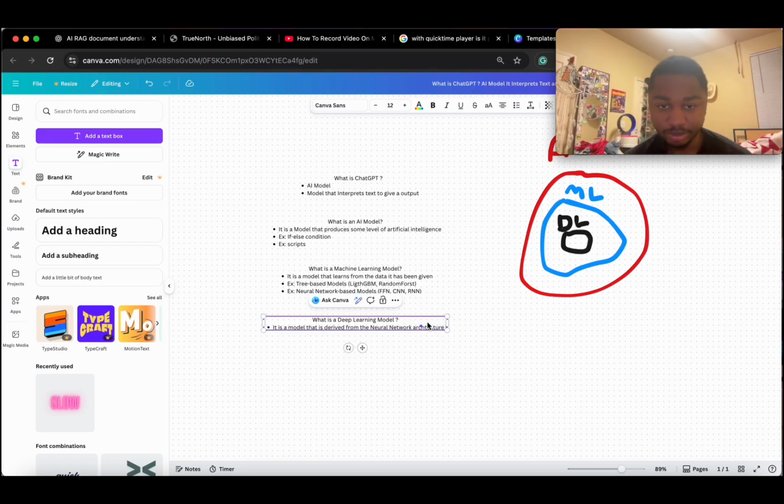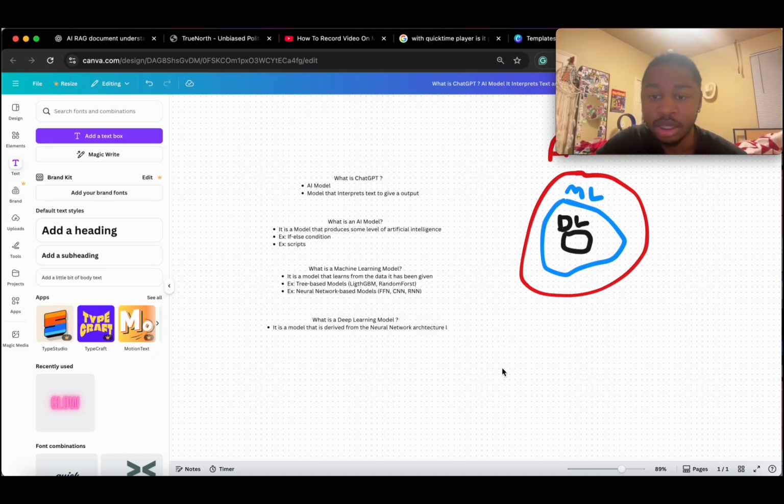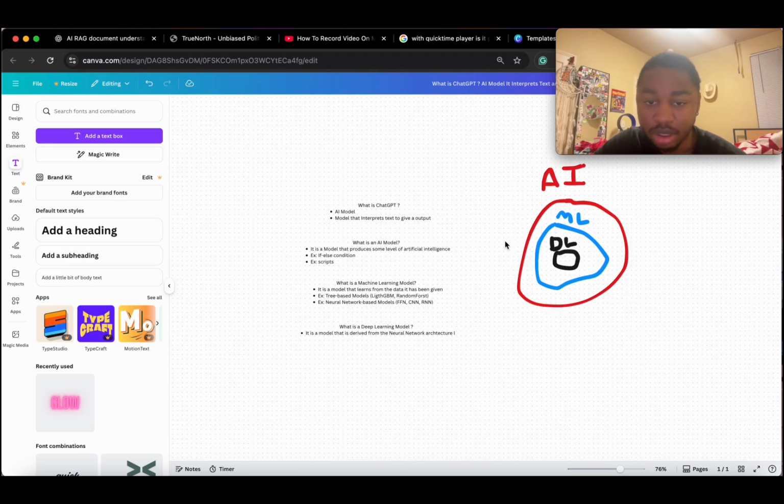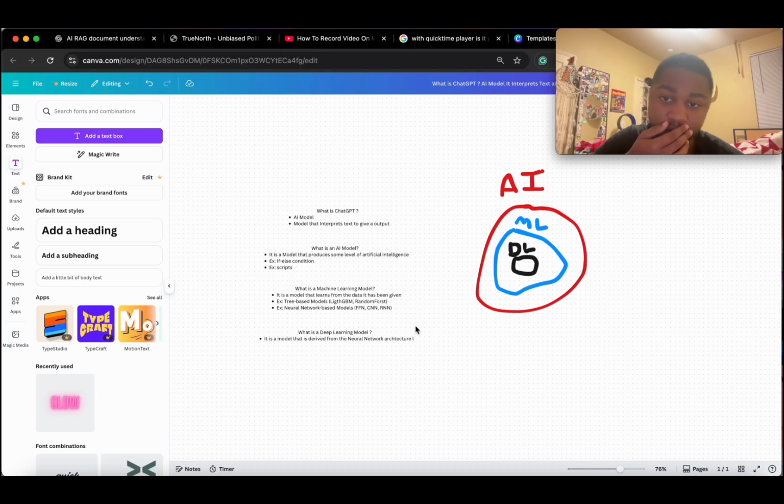So like I said, a neural network-based model is a machine learning model, which is true, but deep learning models are the different types of network-based models, right? So it's just like little subcategories, and even machine learning could be branched out into different ones, such as supervised, unsupervised, and then reinforcement. But yeah, essentially that's all you need to know right now.